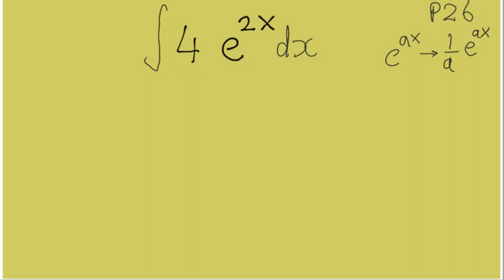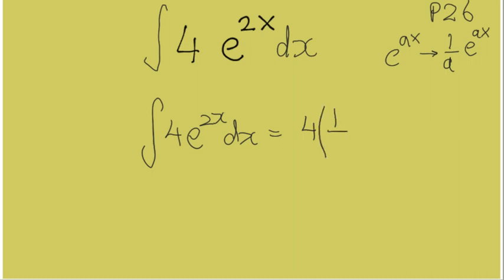So let's apply this to our specific combination. The integral of 4 e to the 2x dx is equal to 4 multiplied by 1 over 2 e to the 2x, plus c, and simplifying by dividing by 2, we get 2 e to the 2x plus c.